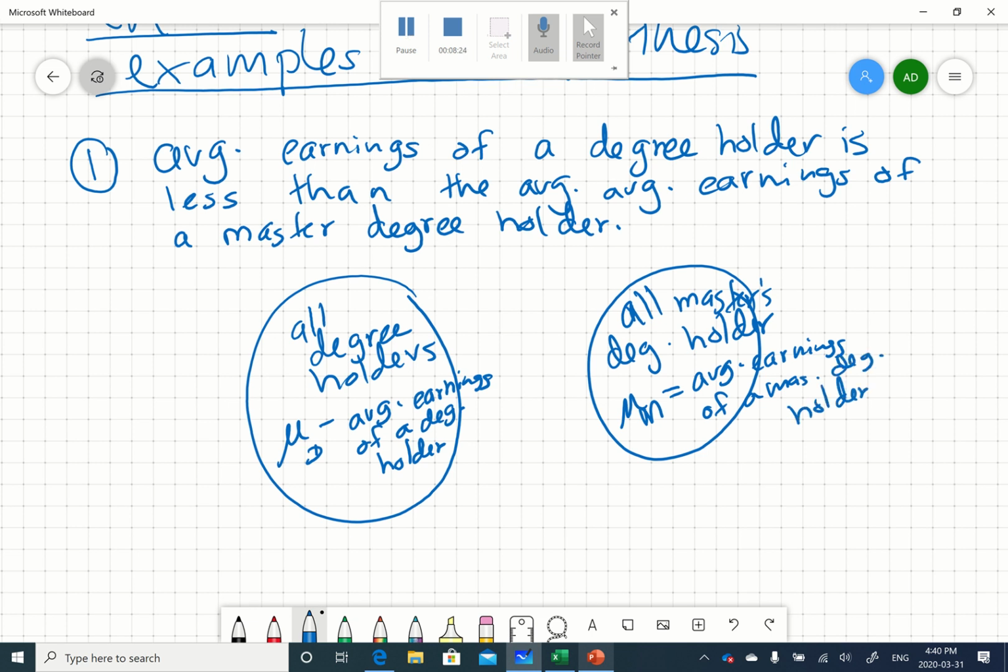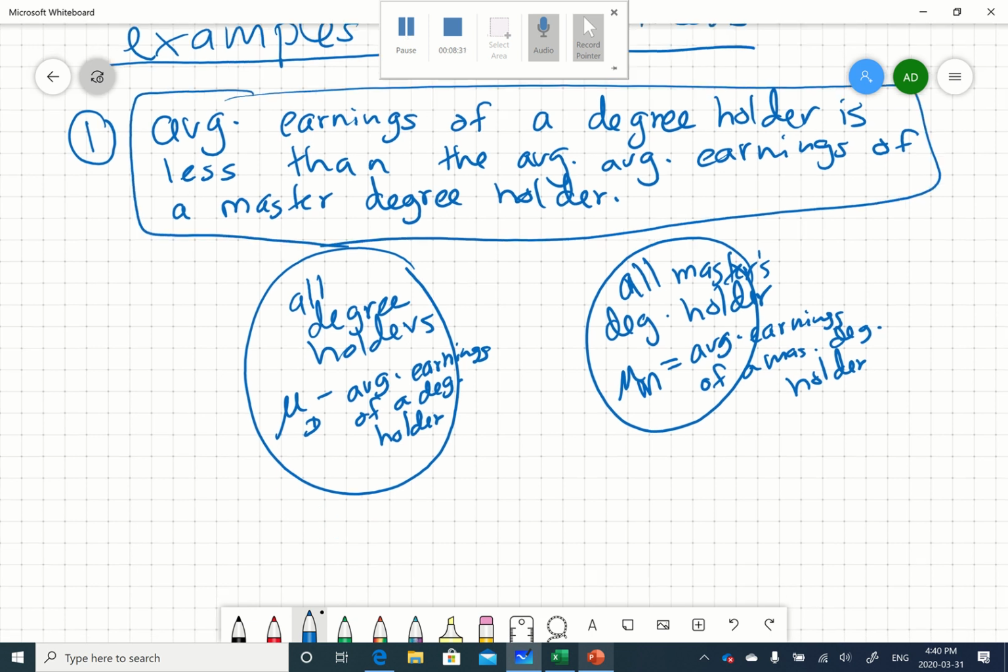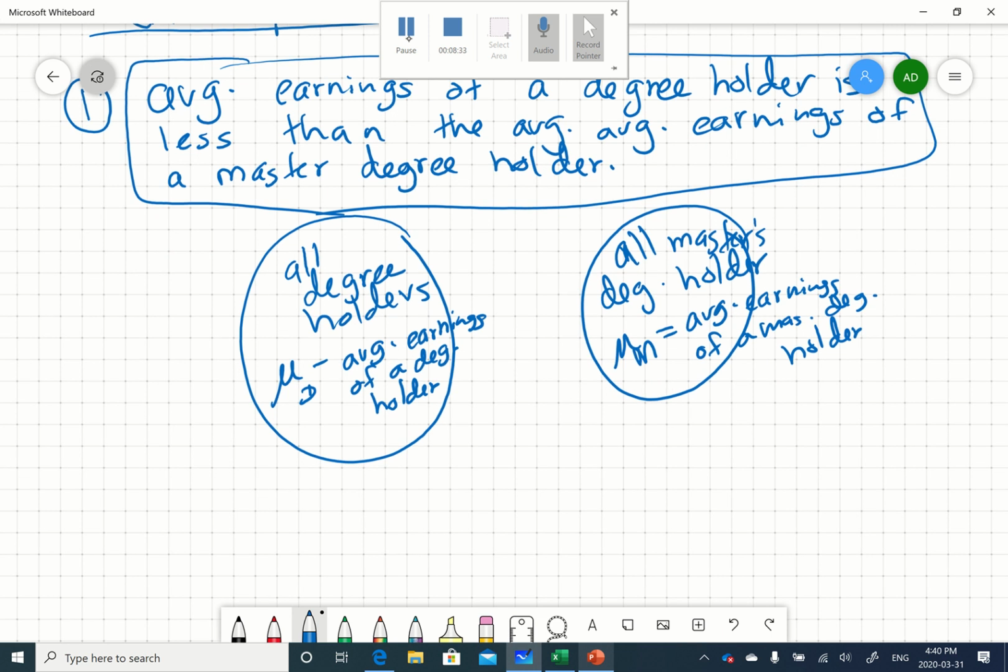This claim is about these two values. The claim is telling us mu D is less than mu M. Again you have a comparison, but this time you're not comparing a parameter to a number, you're comparing a parameter to another parameter. You're comparing two population means, but the idea goes the same way.